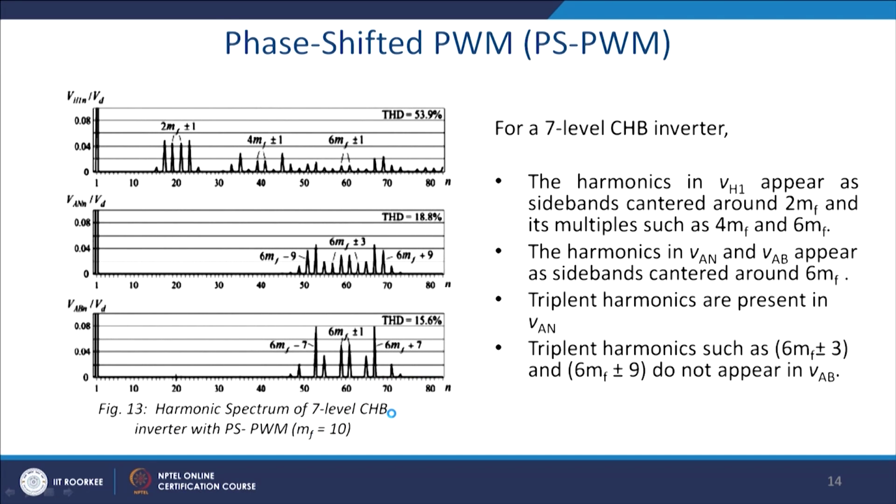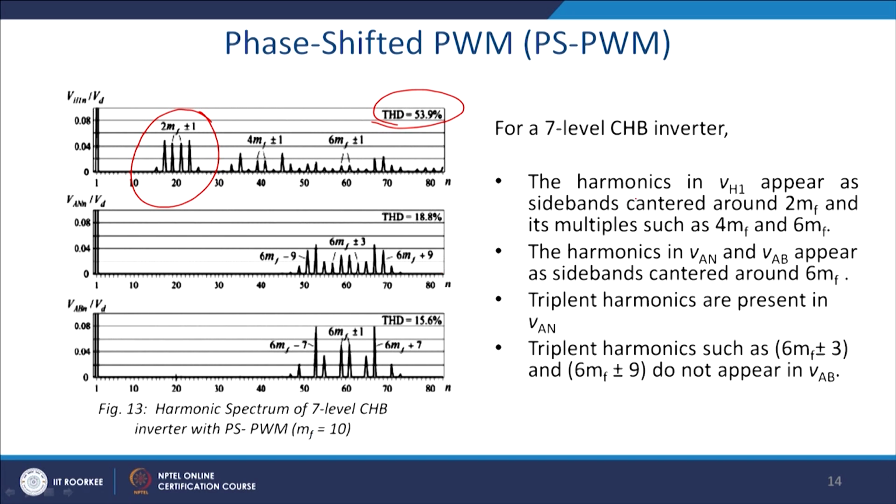So, what spectrum will you get? You can see that the line voltage spectrum is quite high, and it is for the 7 level cascade multi-level inverter. Assume that MF is 20, and you have this kind of spectrum.